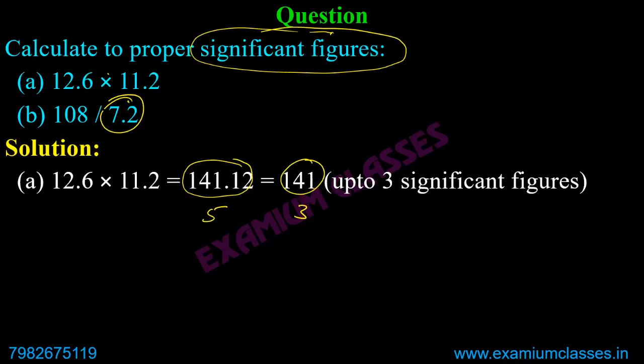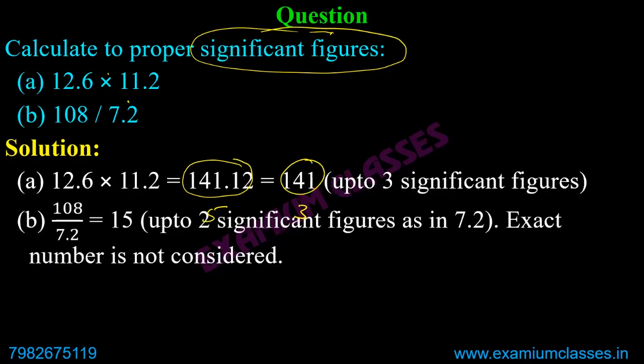In division and multiplication, you have to have only as many significant figures as there are in the figure with minimum significant figures. Here only two. So if you divide, you will get 15. Remember, one very important point here. Whenever multiplication or division is there and you have exact numbers, you won't consider the exact number in finding the significant figures if decimals are there.